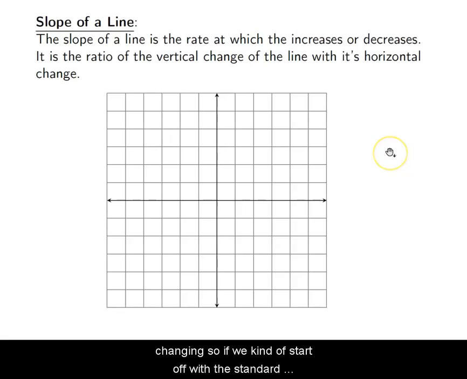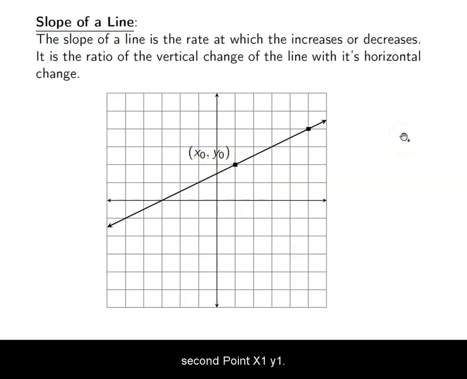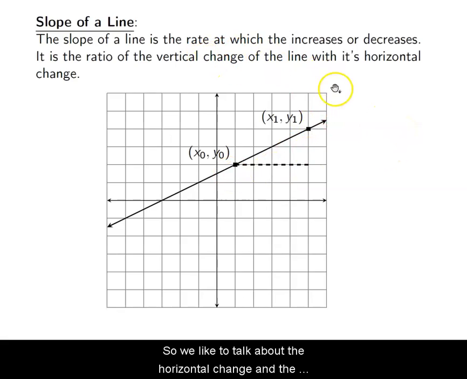If we start off with the standard way that we talk about slope, which is looking at 2 points that lie on a line, we'll call the first point x0, y0, and the second point x1, y1. I don't know why these are squares here instead of circles, but it's fine. So we like to talk about the horizontal change and the vertical change.